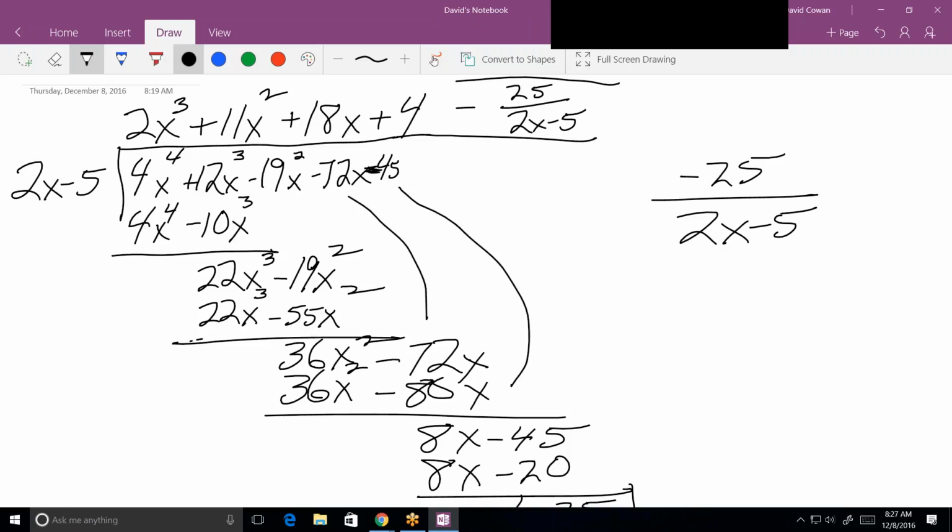And that's the correct way to write the answer. Not necessarily with a remainder. You don't need the R letter. Just make that remainder part of the answer.